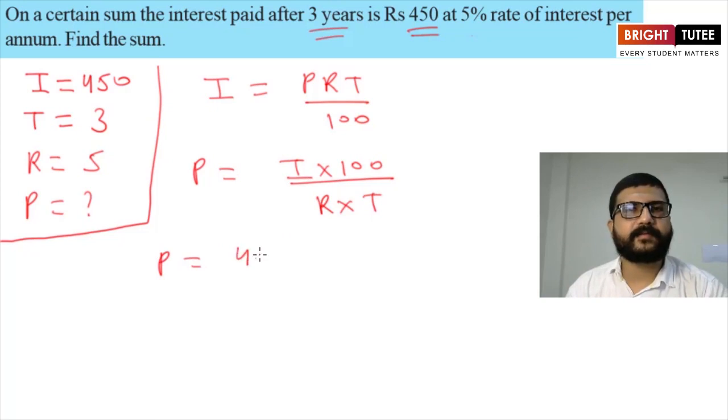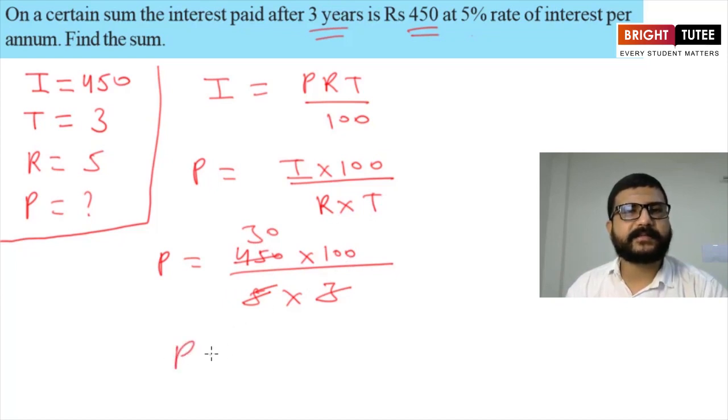So P will be equal to 450 into 100 divided by R, which is 5, into T, and that is 3, because time period is 3 years. Now let's simplify this. 5 into 3 will be 15 and 15 threes are 45. So this will be 30 here. Now 30 into 100, this gives us 3000. So therefore the principal amount is 3000.